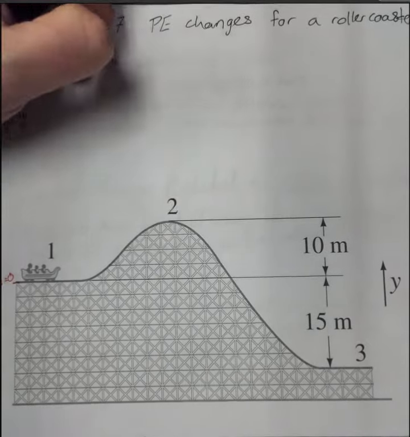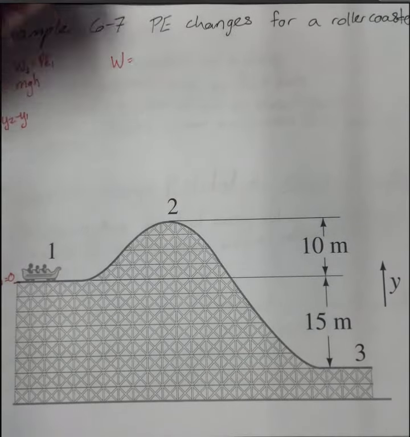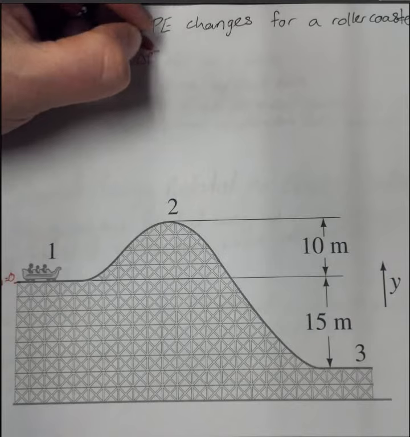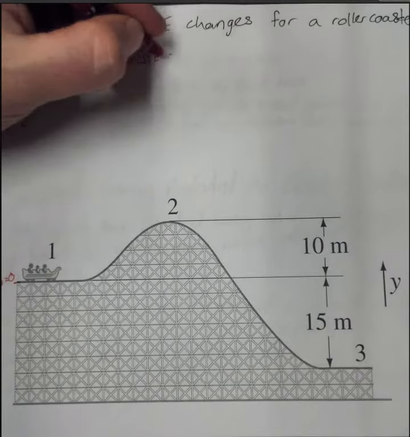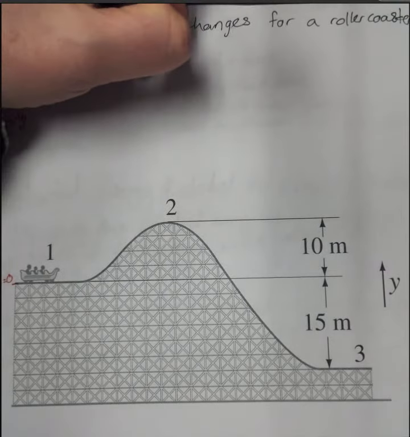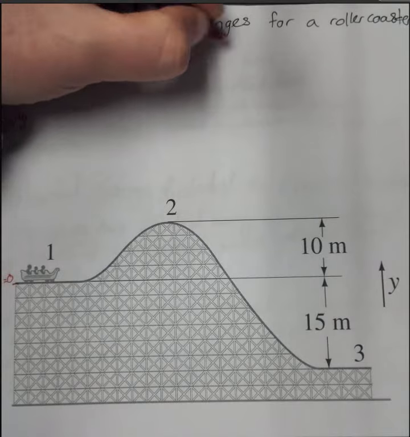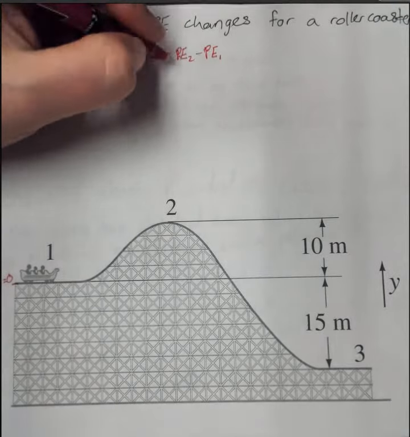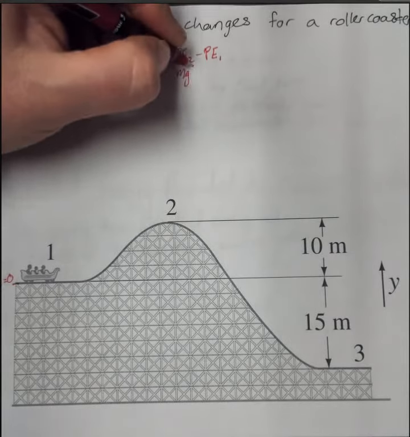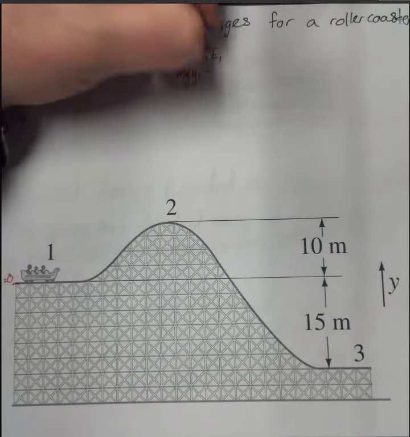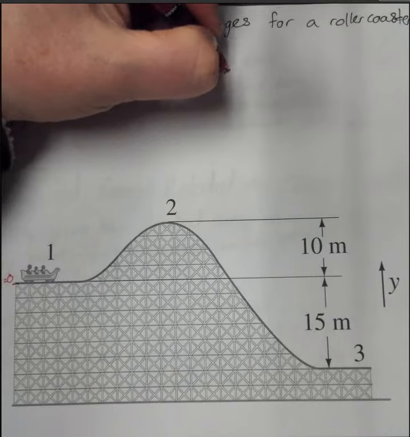The work done to get it to point 2 is going to be equal to the change in potential energy, and we're considering PE2 minus PE1. Here PE2 is mgy2, and here PE1 is mgy1.